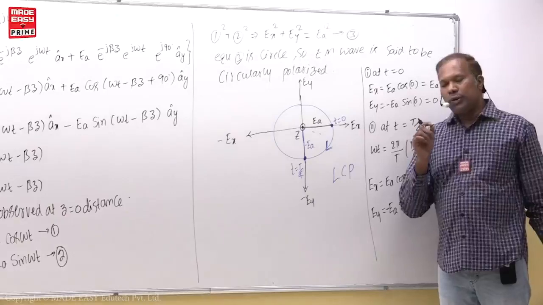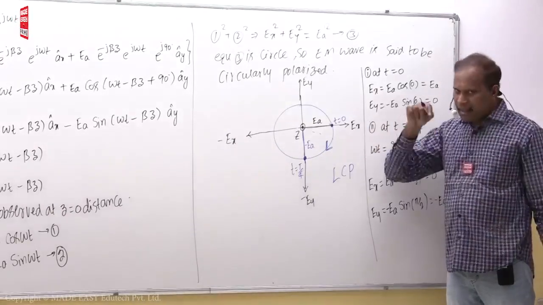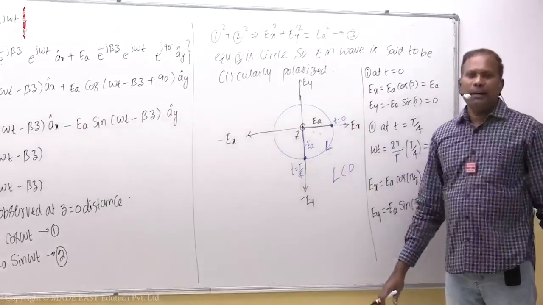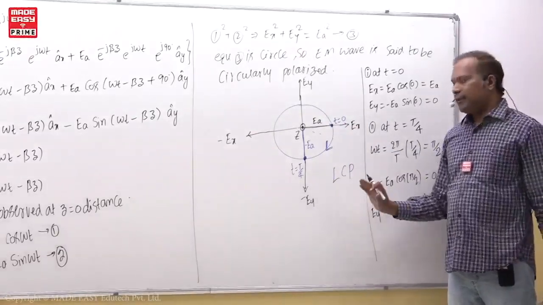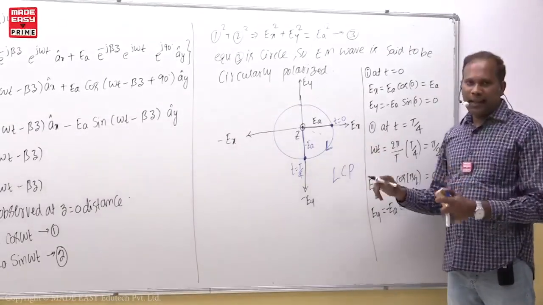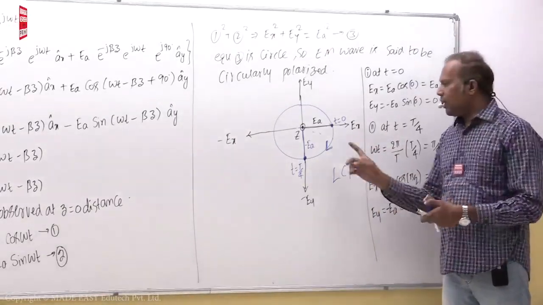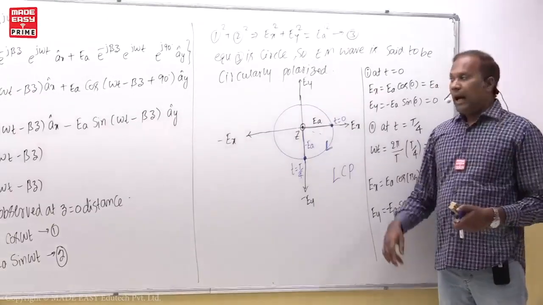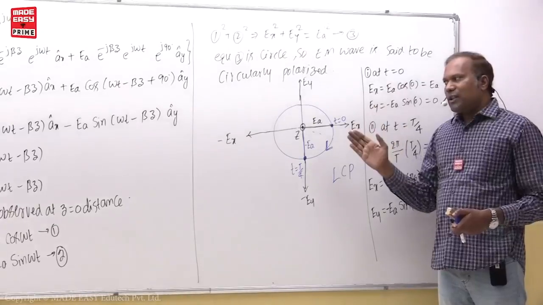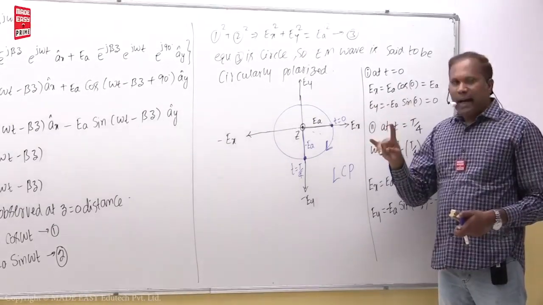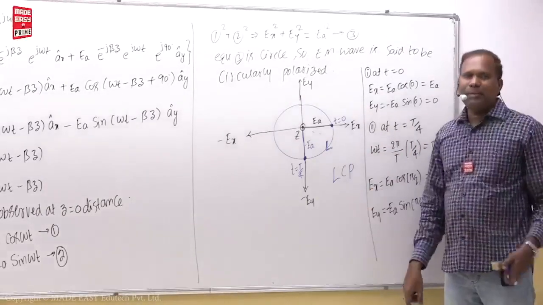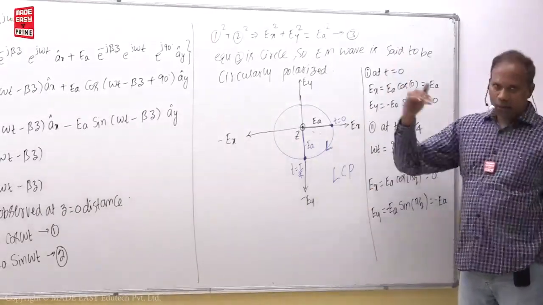In that statement, two crucial things are there: wave traveling in plus Z direction, and second component leads first component by 90 degrees, then you get left. If the second component lags, then left becomes right, because the tip will be moving like this. Or otherwise, if the second component leads the first component by 90 degrees and the wave is traveling in minus Z direction, then also left becomes right. I will write that in the note.